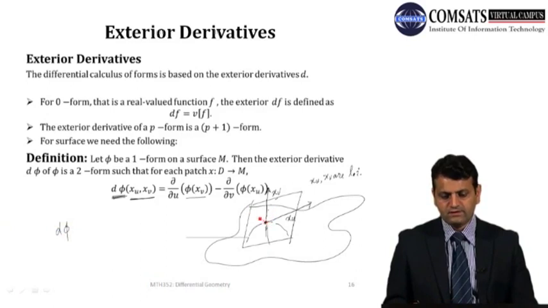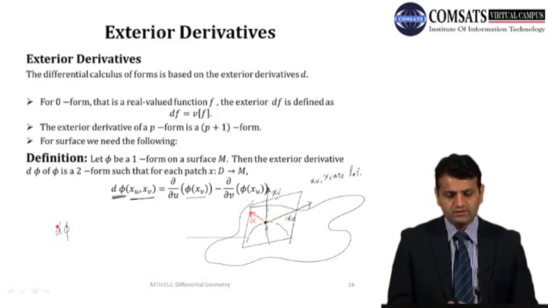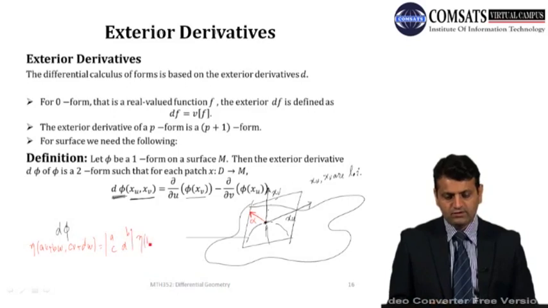So for example, if this is any vector alpha, then it can be written as a linear combination of xu and xv, and if we can write them as a linear combination, then we can use the result that we just proved, that eta of av plus bw, cv plus dw is equal to ad minus bc eta of vw.